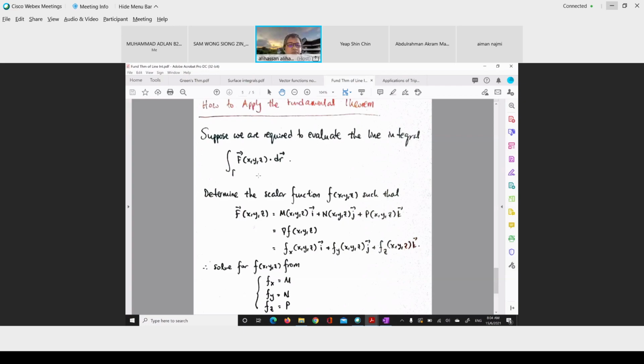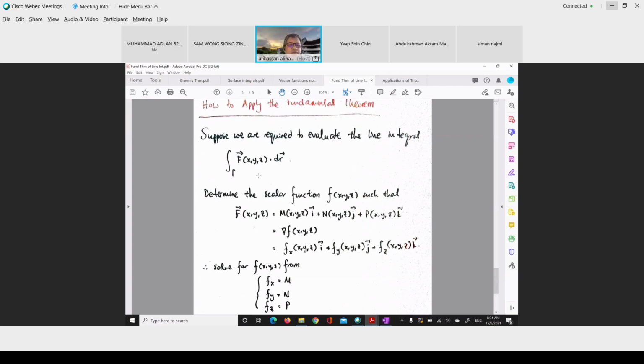And then we have seen the extension of this fundamental theorem of calculus to the fundamental theorem of line integral, which I have discussed with you earlier. So we have a line integral here of a vector field F dot dr. r is the position vector of the curve gamma here.